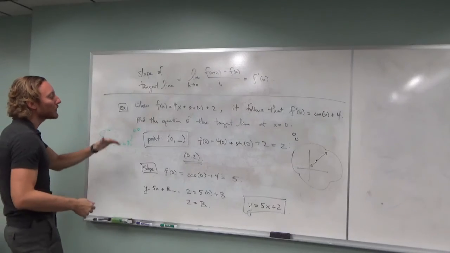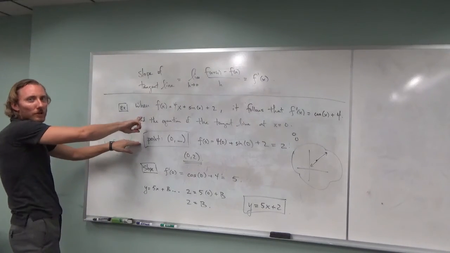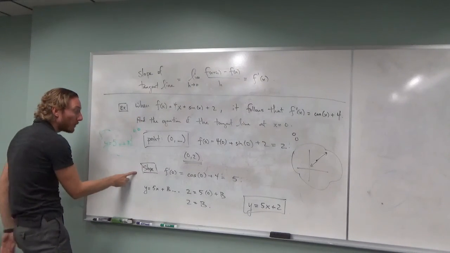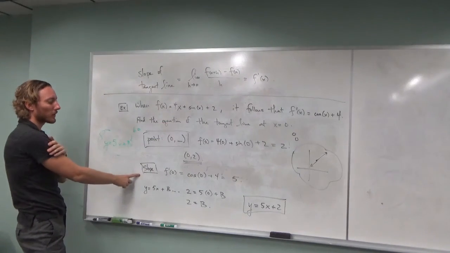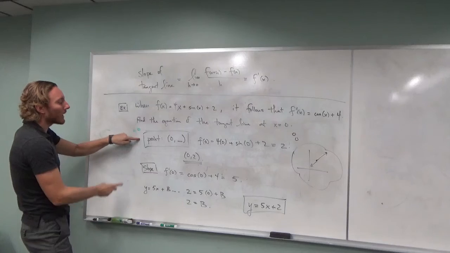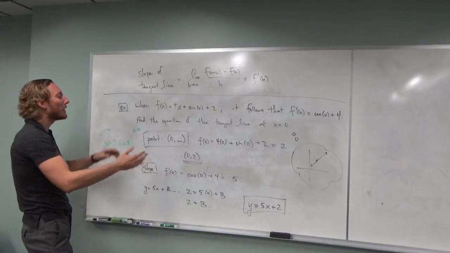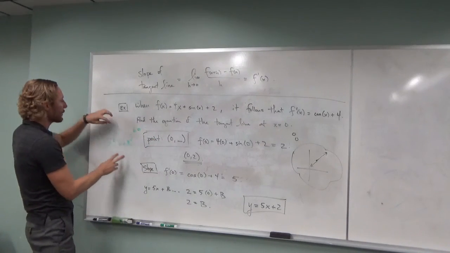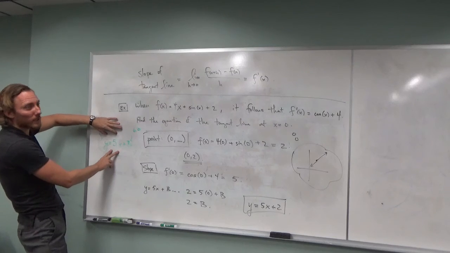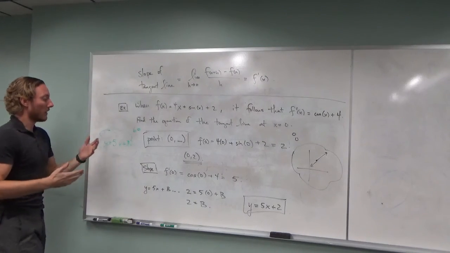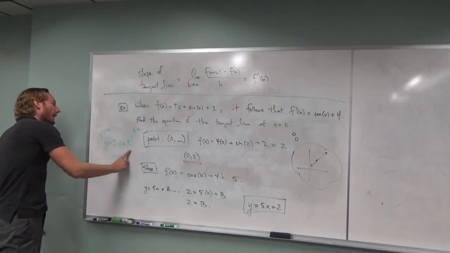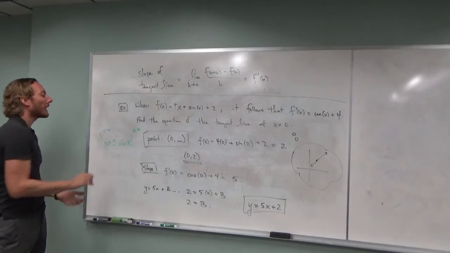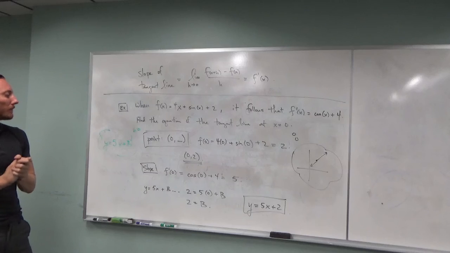But once you find your point of interest using the original function, and once you find your slope of interest using the derivative, because that's what the derivative does, it finds the slope of a tangent line, well, once you have your point and your slope, you have your line. And you can always use your information about your point and your slope with y equals mx plus b to figure out what ultimately the b is. Once you find the slope, you have the m. Once you use the x and the y, you find the b, and then the problem is solved.